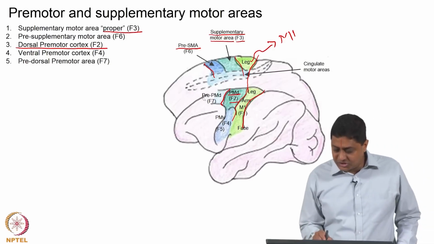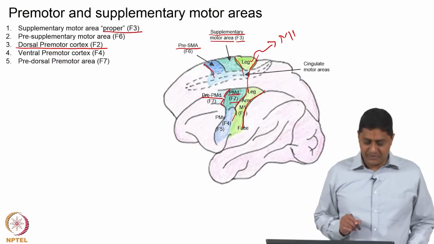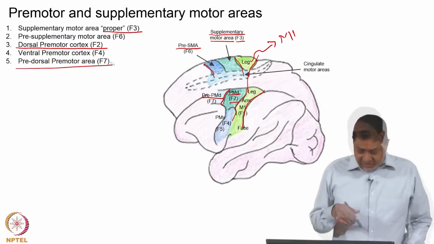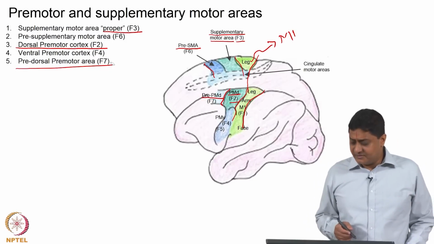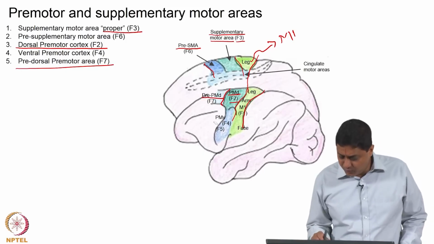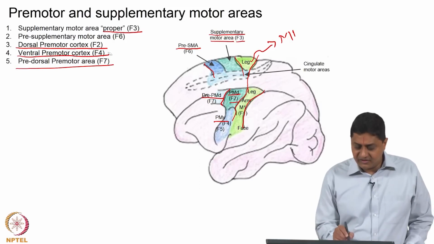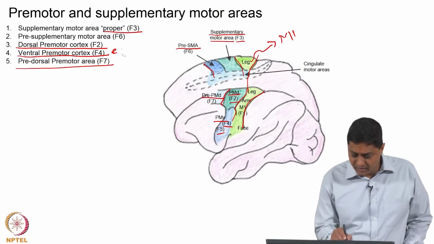The more rostral region is called the pre-dorsal premotor cortex, that is area F7. The ventral convexity is called the ventral premotor cortex. This has been further divided into two areas, F4 and F5.